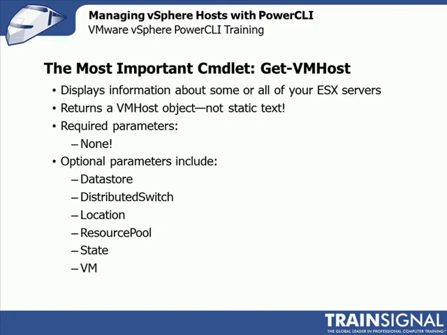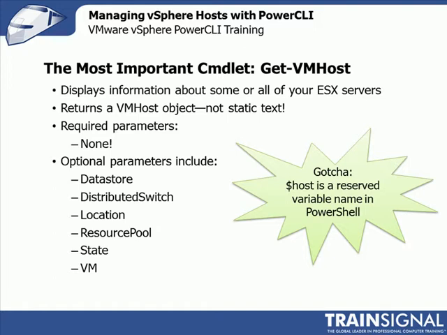State, actually, we'll talk about that later. And then VM, you could say which VMHost is actually providing hypervisor services for a given virtual machine. Now each of these will accept multiple values. So if you wanted to say which VM hosts are connected to LUN 1 and LUN 10 of your datastores, you could do that.